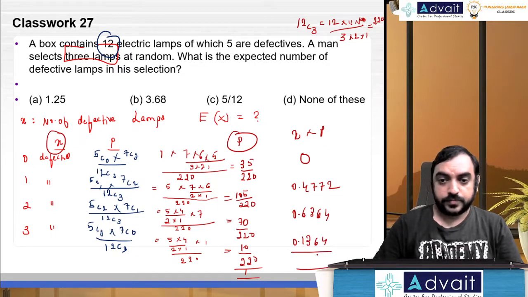So total 1.25. 1.25, this is the answer.